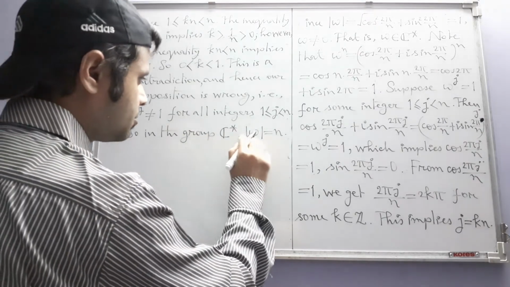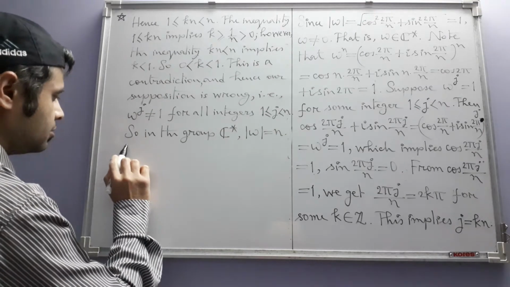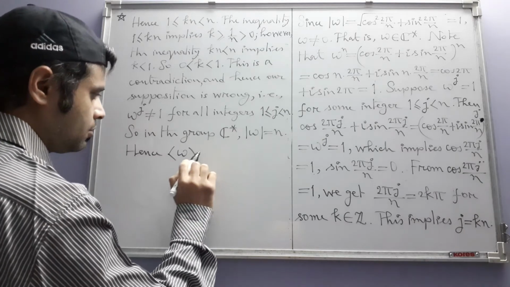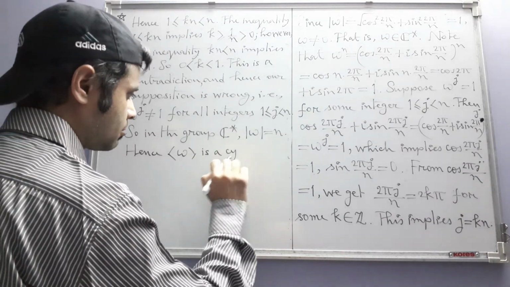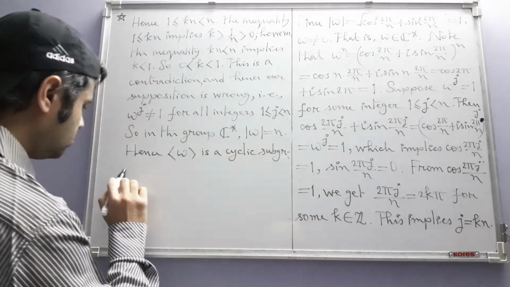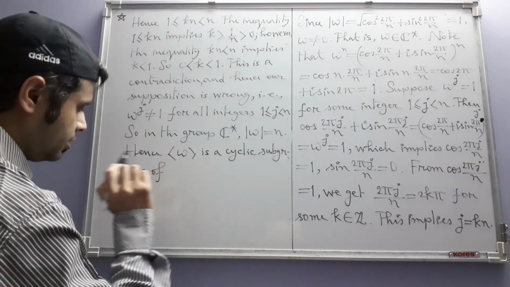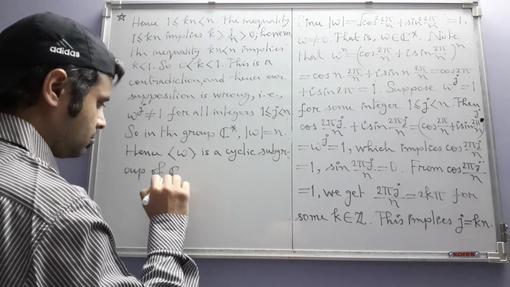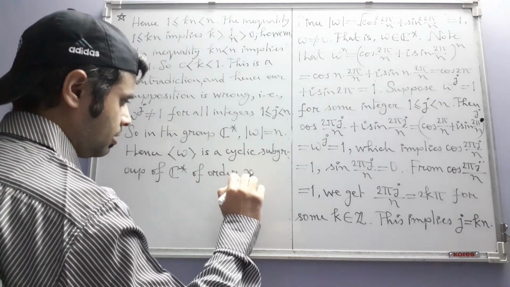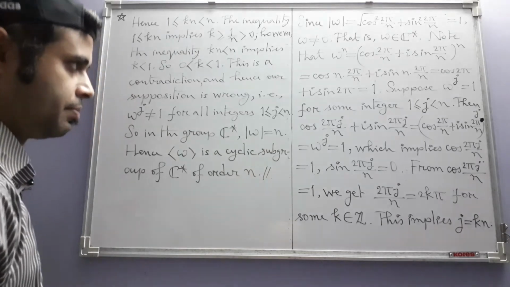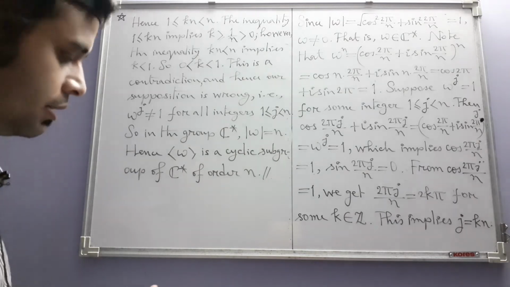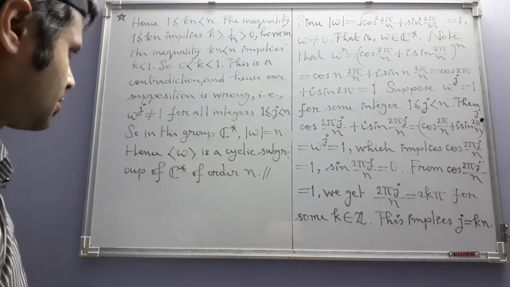As an element of this group, the order is n. Hence, this is a cyclic subgroup of C star of order n. And n was chosen to be any positive integer. So this is a cyclic subgroup.